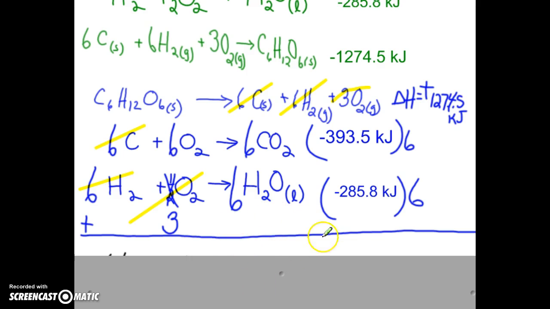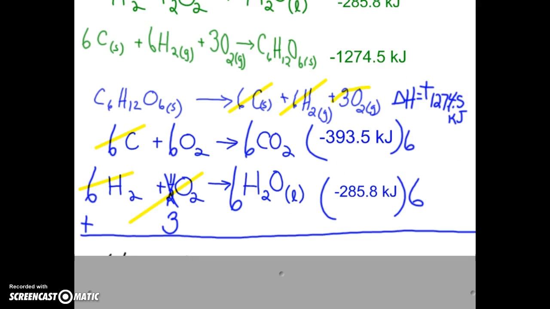Is there anything else that cancels out? And the answer is no. But when you add these things up, don't you have 1 glucose plus 6 oxygen, 6 CO2, and 6 waters formed? And the answer is yes. I have the overall equation.